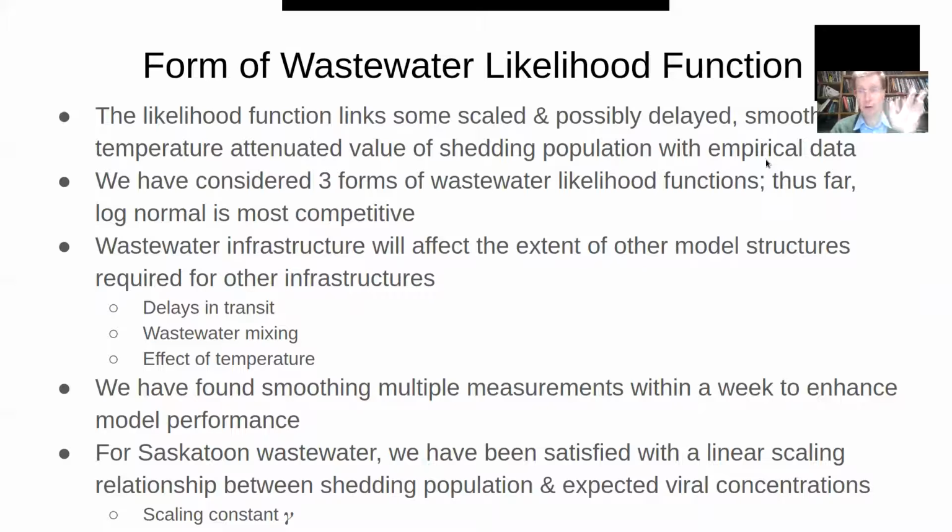We've considered 3 forms of likelihood functions, and thus far we found a log normal likelihood function most competitive. Gamma also does quite well. We found smoothing multiple measurements when they occur in the course of a week to actually increase the accuracy of our data, damping out some noise within the course of a week that we see.